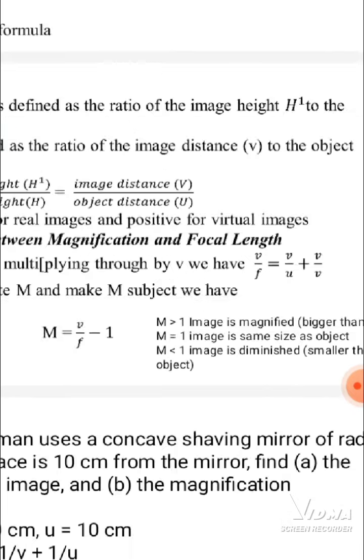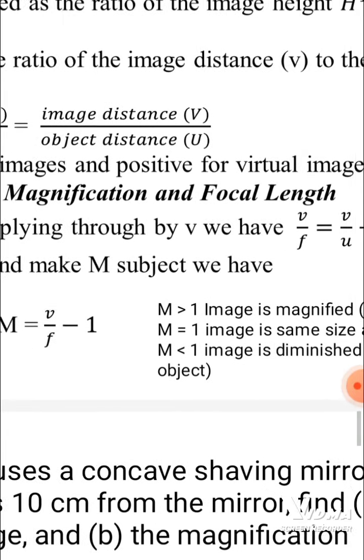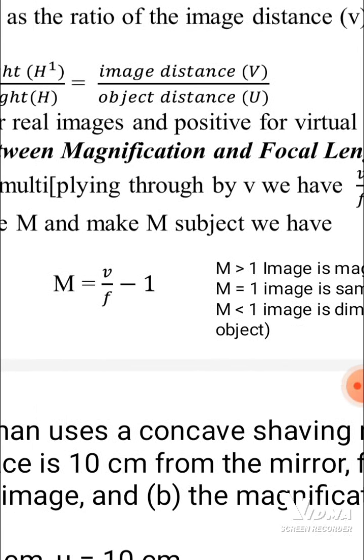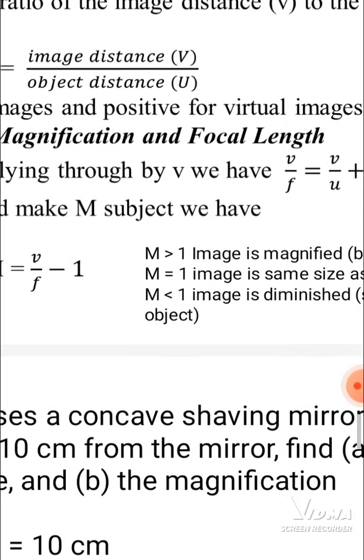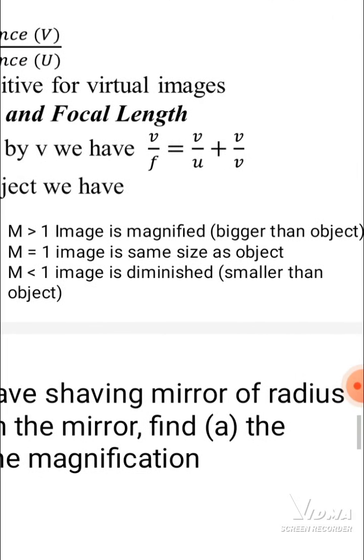And don't forget that V over U is your M, the magnification. So if you make magnification the subject, M equals V over F minus 1. That means we have been able to generate another expression for magnification M. So it's either V over F minus 1 or V over U.